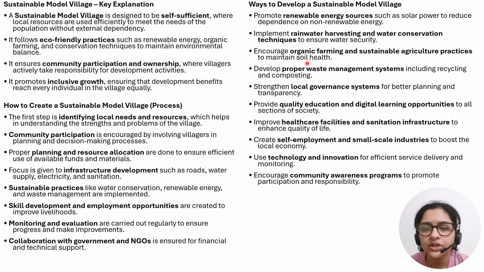Then ensure organic farming and sustainable agriculture practices. Then develop a proper waste management system, strengthen local governance systems, and provide quality education and digital learning opportunities for everybody. Then improve healthcare facilities and sanitation infrastructure. Then create self-employment and various small-scale industries. Then use technology and innovation. Then encourage community awareness programs.